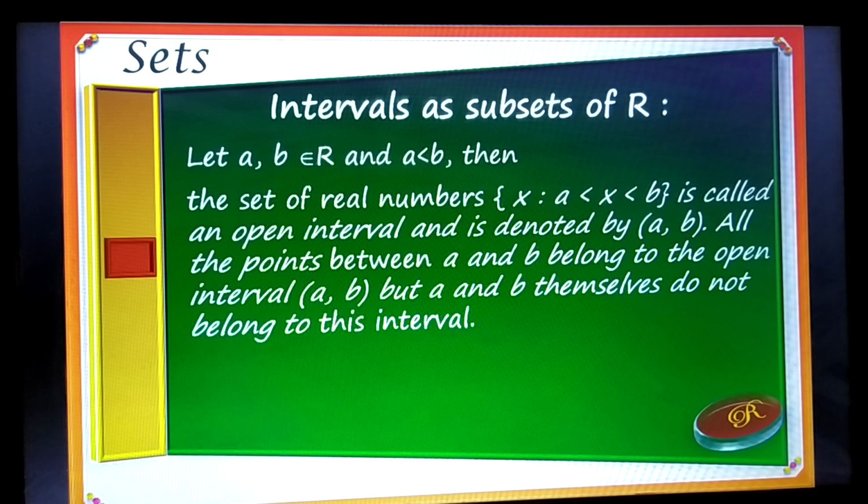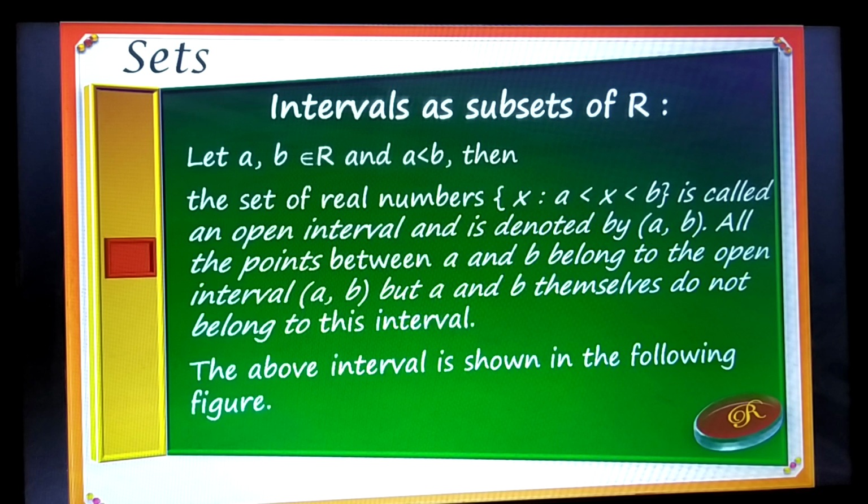All the points between a and b belong to the open interval, but a and b themselves do not belong to this interval. The above interval is shown in the following figure.